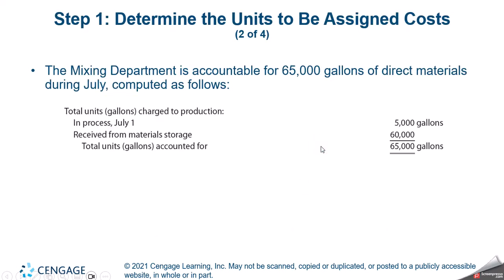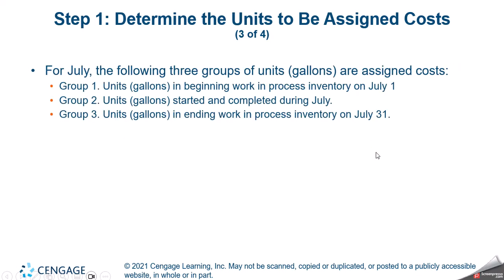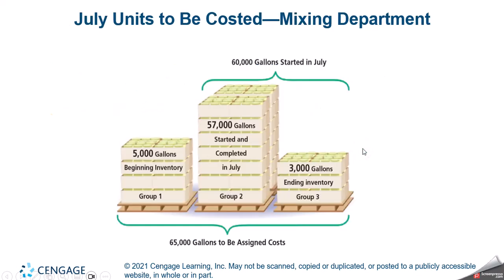So then we look at it to say, okay, what are our units? So we had 5,000 in our beginning inventory. We received 60,000, so we have 65,000 gallons to account for. So this is our total. So 5,000 is the beginning. 57,000 gallons were started and completed, and then that left 3,000 in our ending inventory.